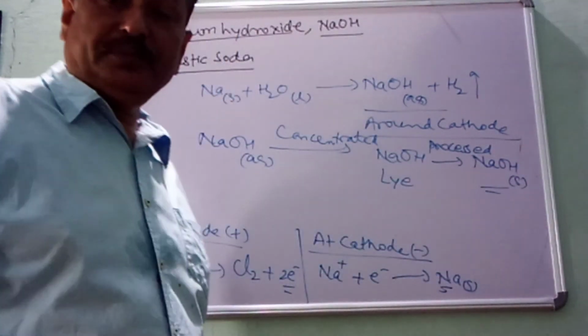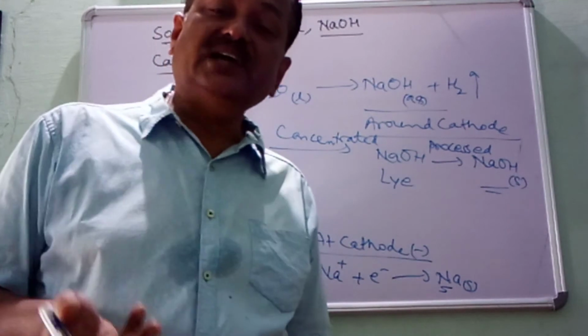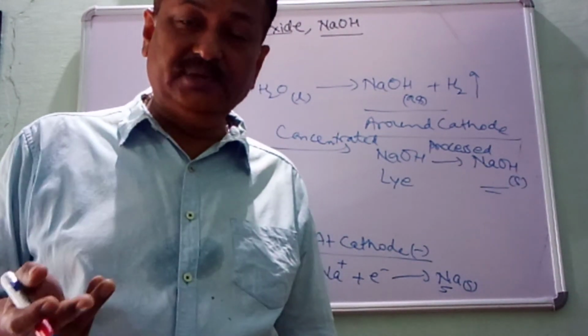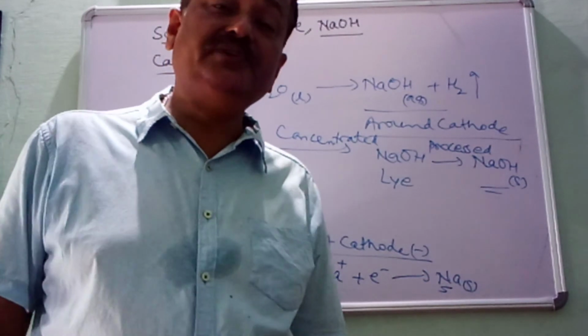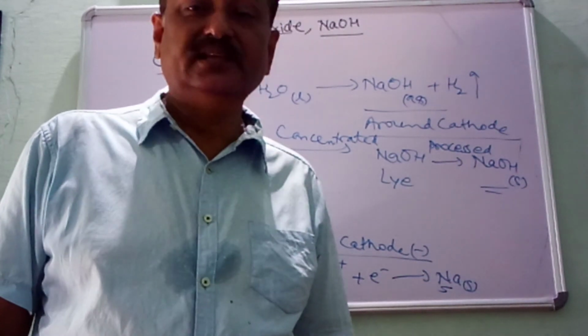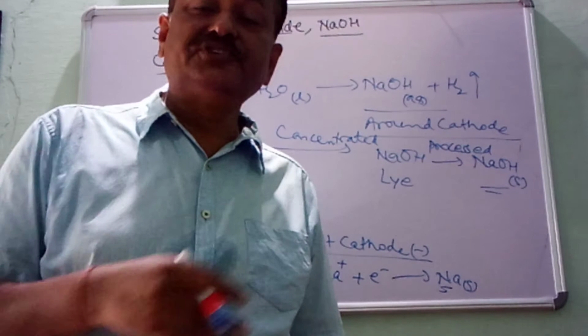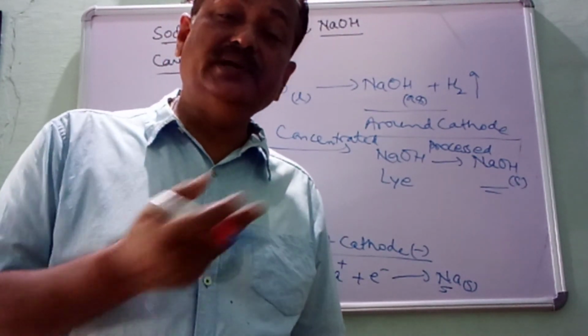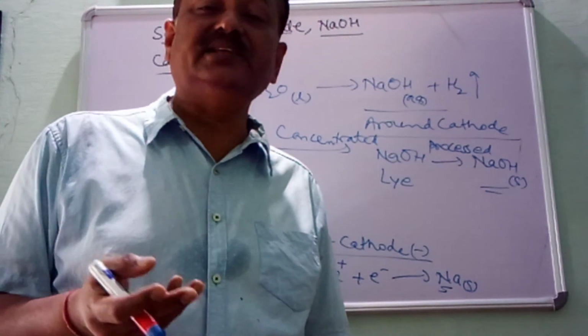Now coming to properties. Sodium hydroxide is a white colored solid. It is water soluble. Its aqueous solution is a very strong base, because I have shared with you about strong base and weak base. Sodium hydroxide and potassium hydroxide are very strong bases.